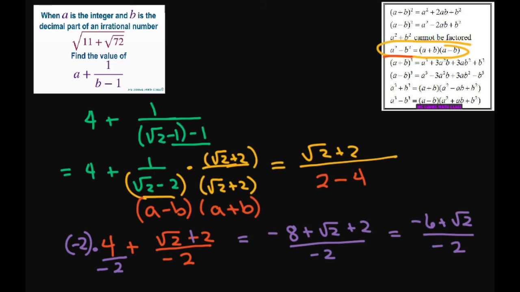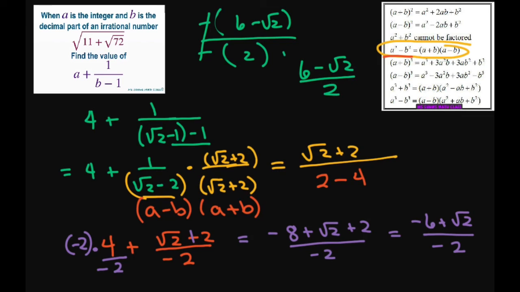Now, if I factor out a negative, I'm going to get 6 minus square root of 2. And factor out a negative here, you get negative 2. So this is going to cancel out, and our final answer is going to be 6 minus square root of 2 divided by 2. And that's it.